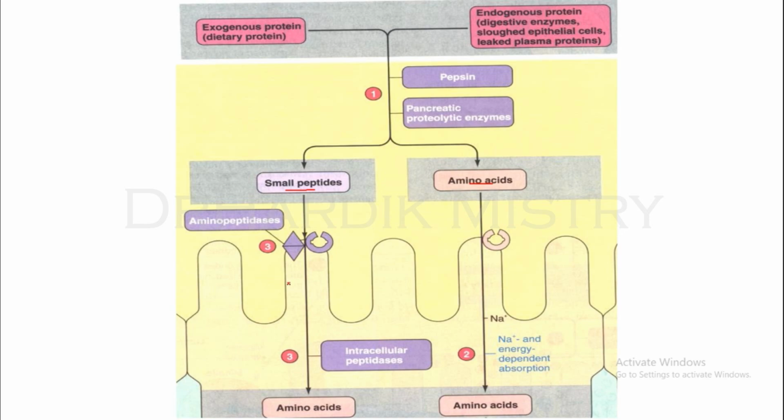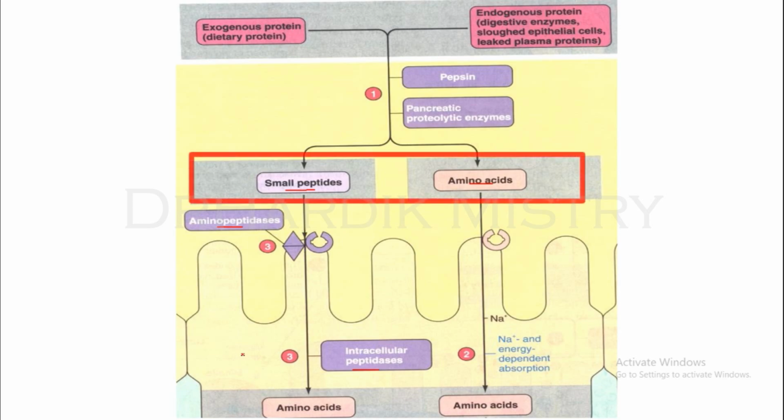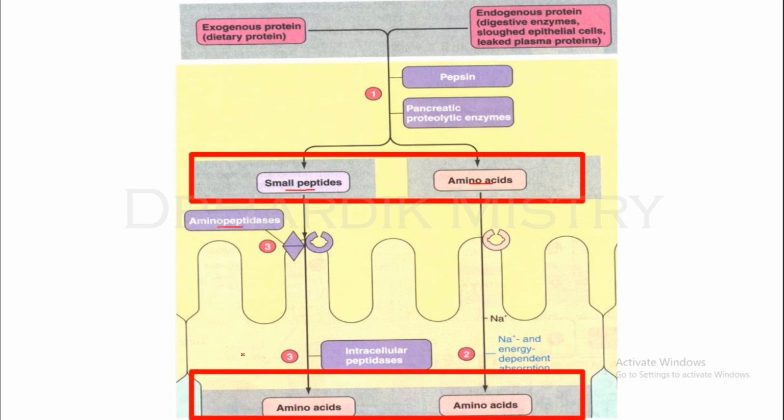One on the intestinal luminal cell surface, the aminopeptidases, and second inside the intestinal luminal cell, known as intracellular peptidases. When either enzyme comes in contact with the small peptides, it converts small peptides into amino acids. So finally we have different types of amino acids at the end of protein digestion.